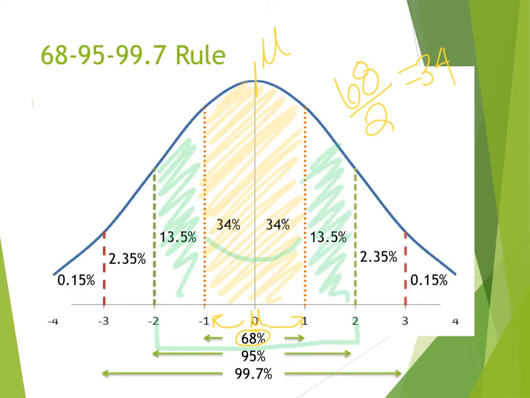And then we're going to go one more step out, so that's 3 standard deviations from the mean. 99.7% of your data will fall within 3 standard deviations of the mean. Again, if you do 99.7 minus 95, divide that by 2, you'll get this 2.35%, and that is what falls between the second and the third standard deviation.